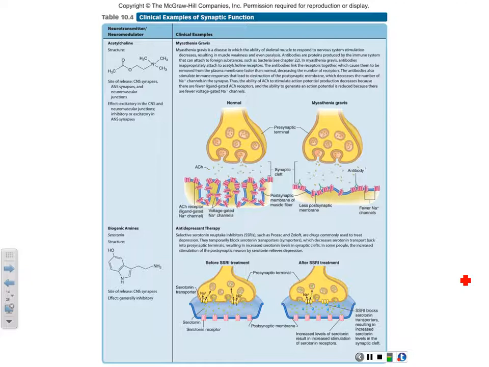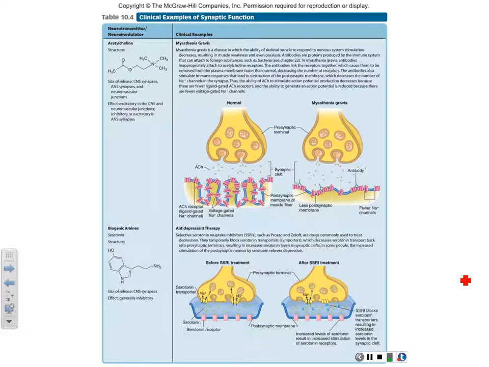So this is what I was talking about. There are several neurotransmitters, all right? The first one we've talked about is acetylcholine, and acetylcholine affects muscles. There's a certain immunological condition where your antibodies will attach to the acetylcholine receptors, and then they will be broken down as if it's a foreign antigen.